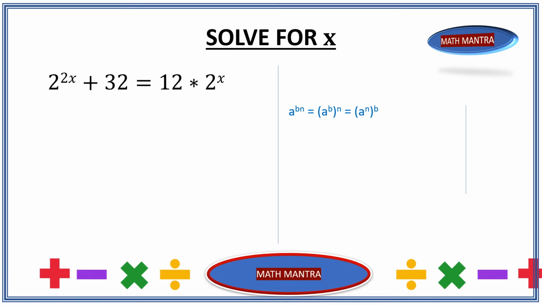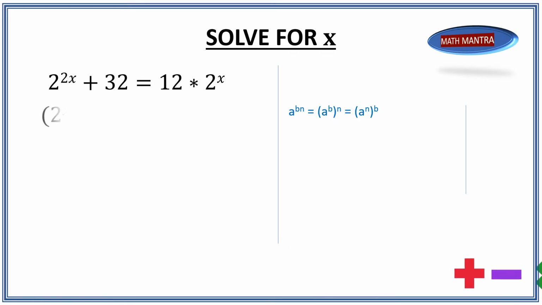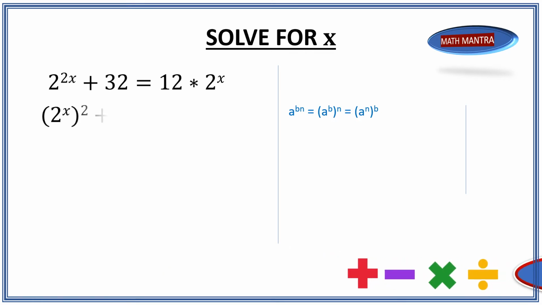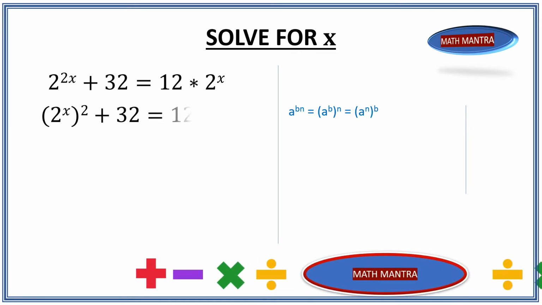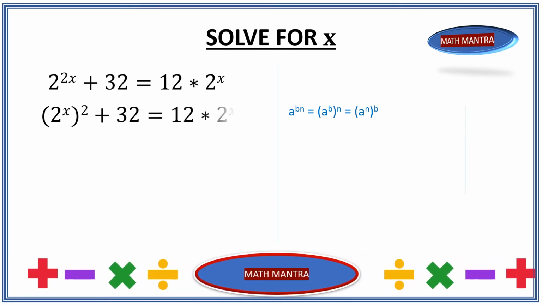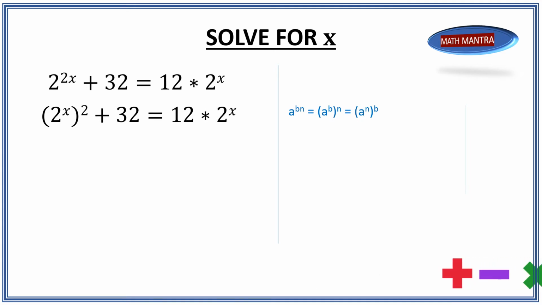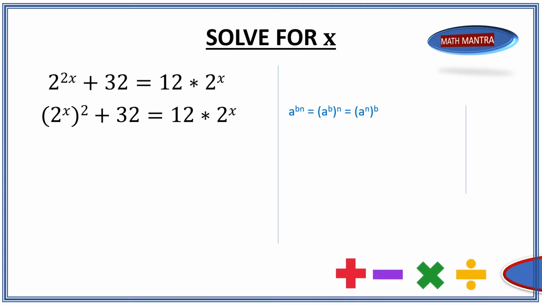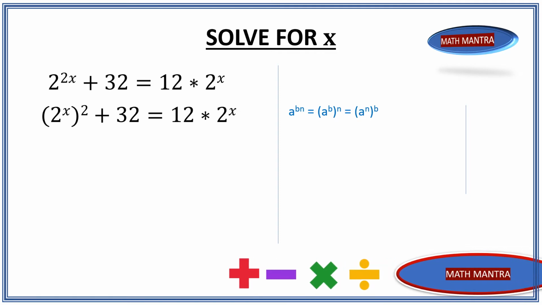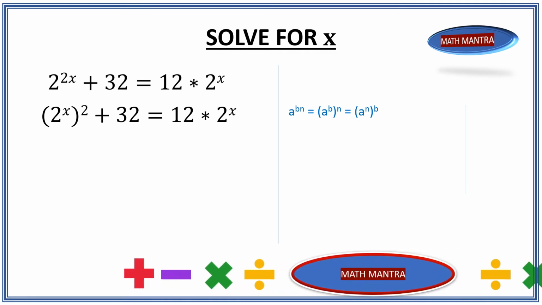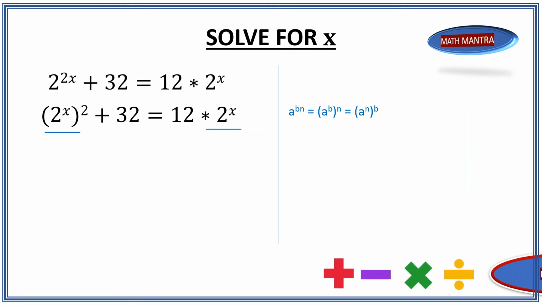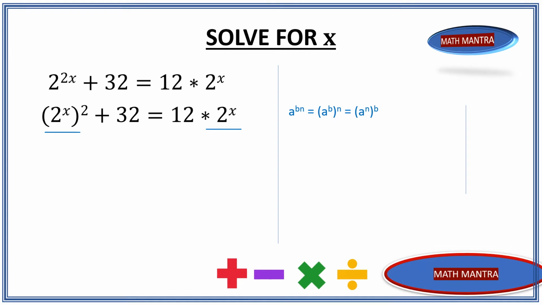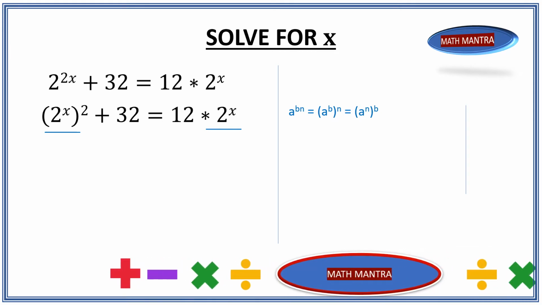Let's rewrite the first term as 2 to the power of x to the power of 2, which is the square of 2 to the power of x, plus 32 is equal to 12 times 2 to the power of x. The reason we did that is we can factor out 2 to the power of x and assign it as a separate variable, making the entire equation a quadratic equation.